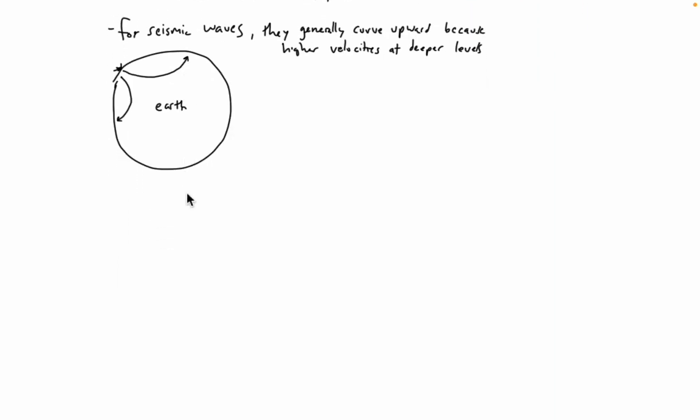So another way that waves change direction is through reflection. And the general rule here is that waves reflect at an angle equal to the approaching angle.